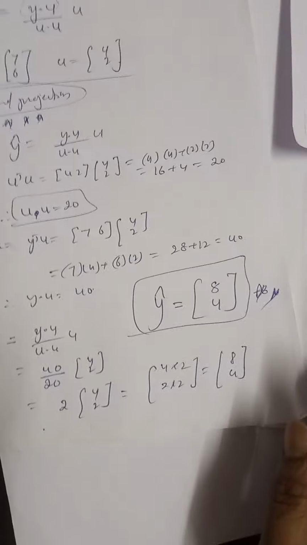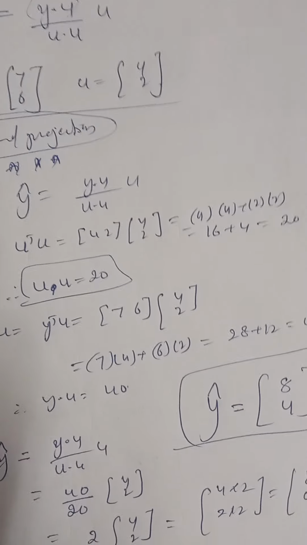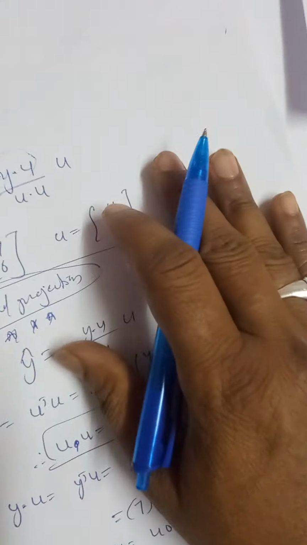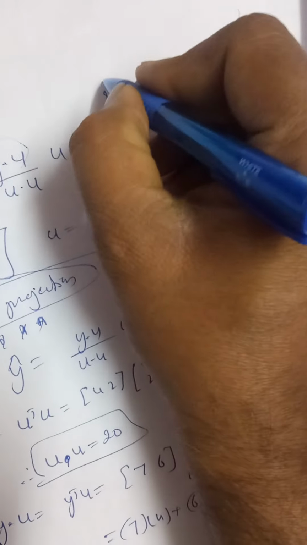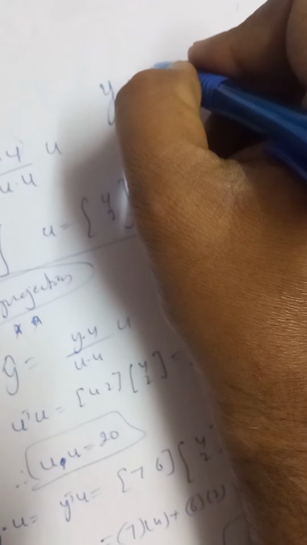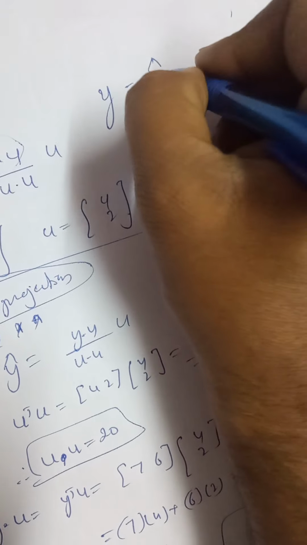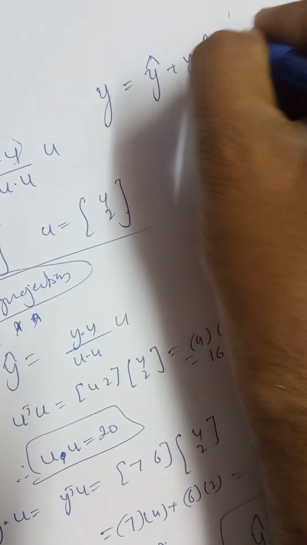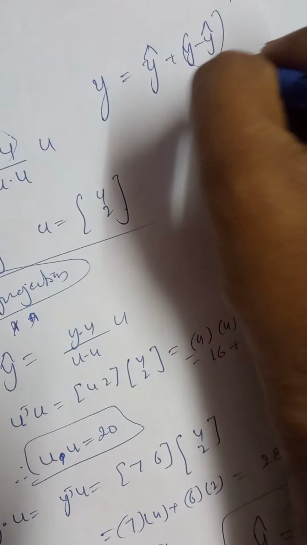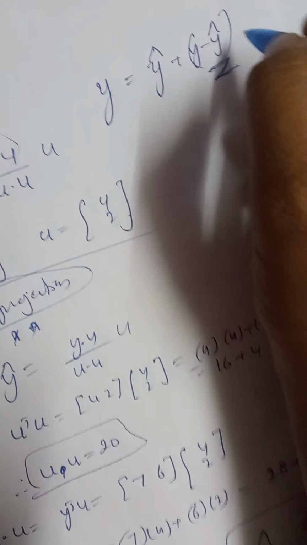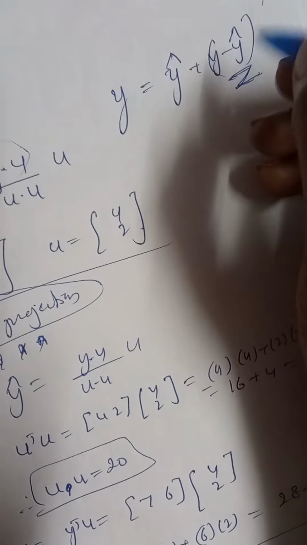Right? This is an important concept. Find the orthogonal projection. And there is another important thing: this y is equal to y cap plus y minus y cap, right? And this is called z. Z is a vector, right?